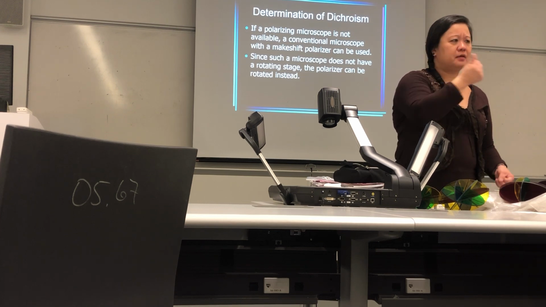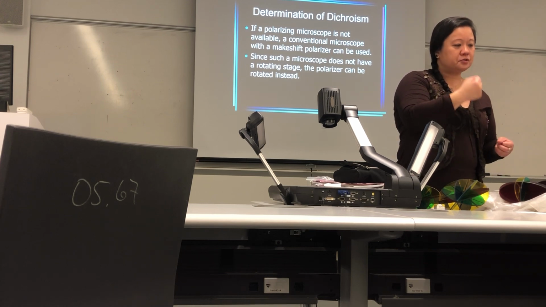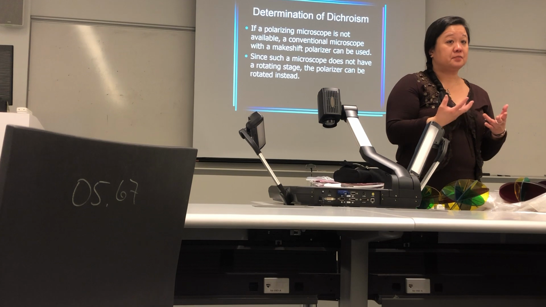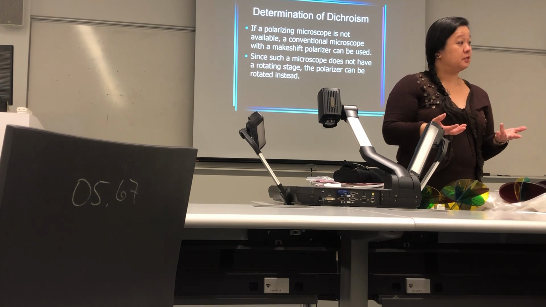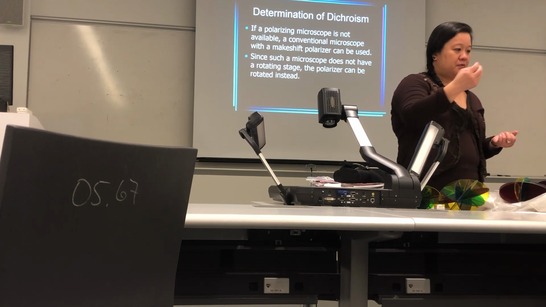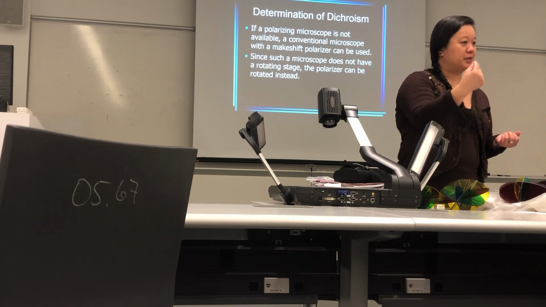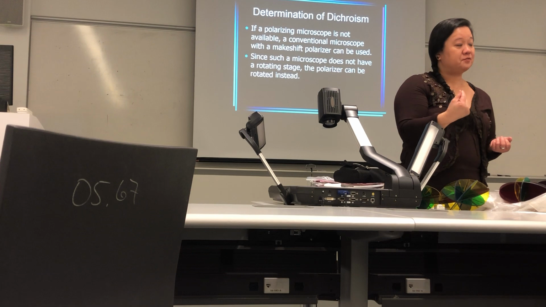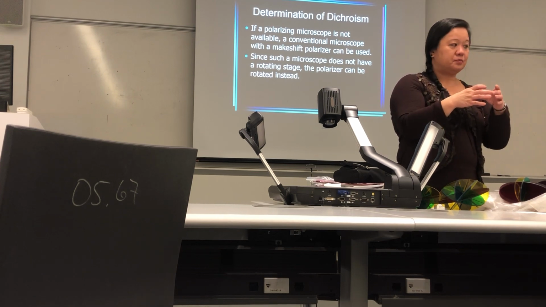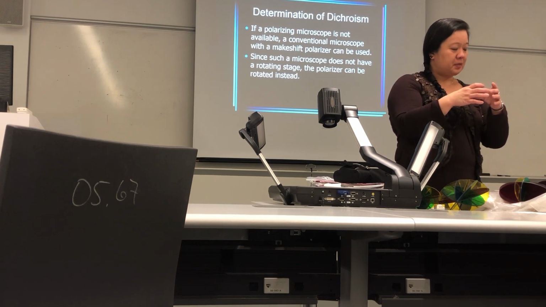I know a handful of you attended my workshop last Thursday. I only showed you how to use a BH2 microscope because that's the microscope you'll be using for your practical. We also have all those other microscopes, the Modic microscopes. They behave differently. The stage is not centerable for the Modic microscopes.